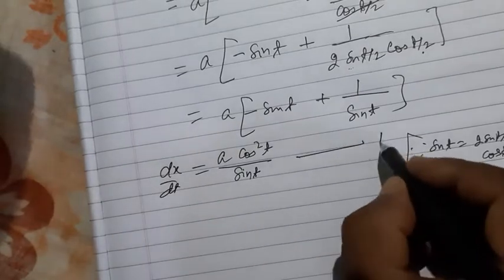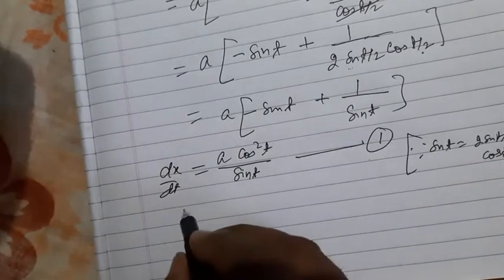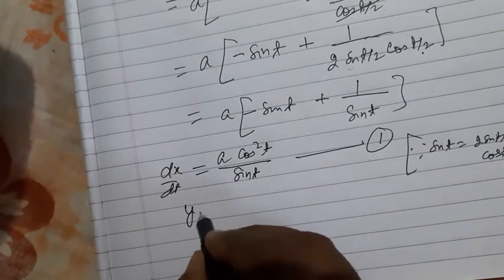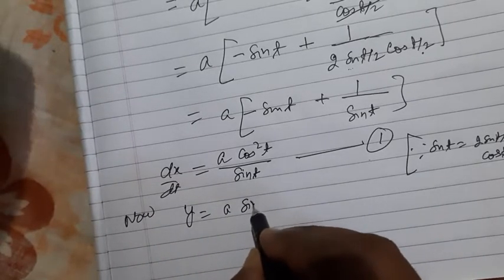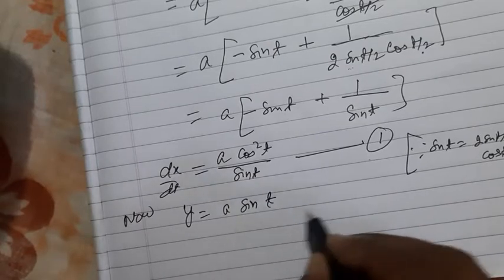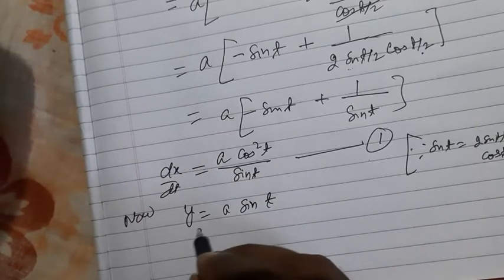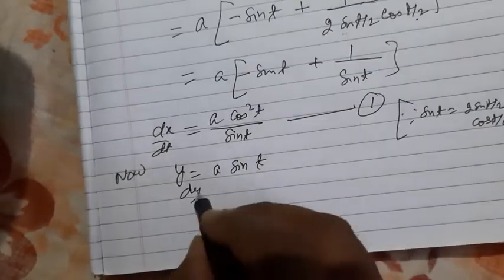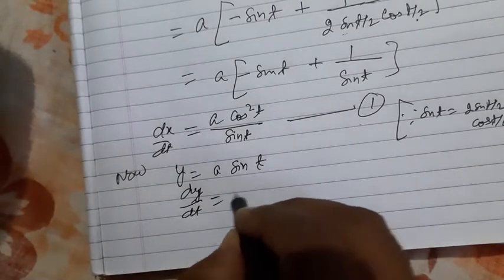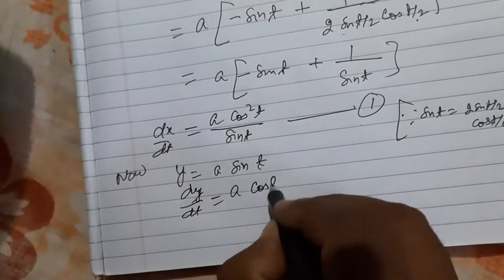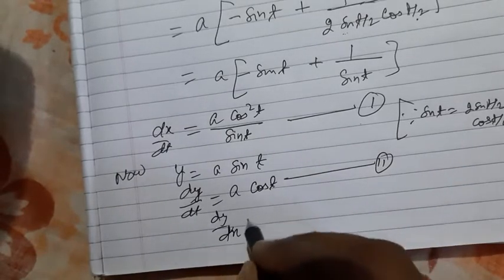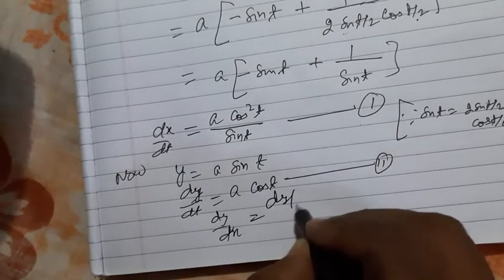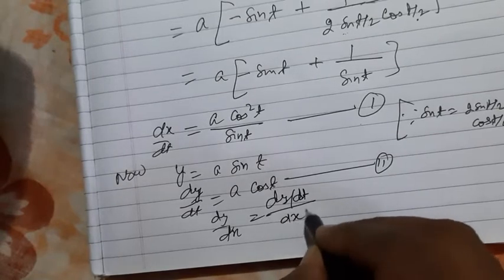Suppose this is the first, and now y is equal to a sin t. Differentiating again with respect to t, dy upon dt is equal to a cos t. This is the second. Now dy by dx is equal to dy by dt upon dx by dt.